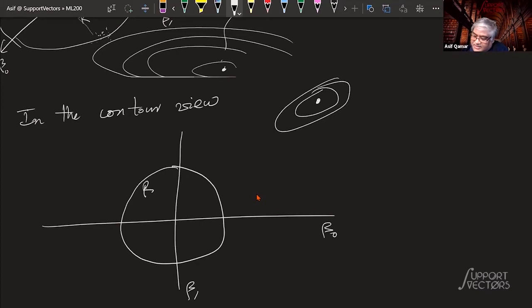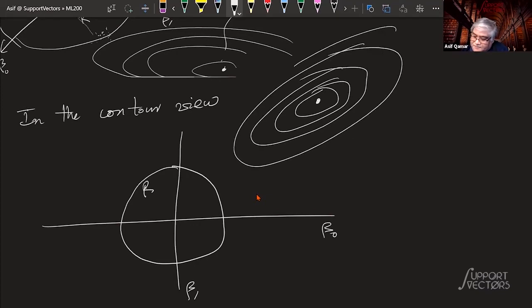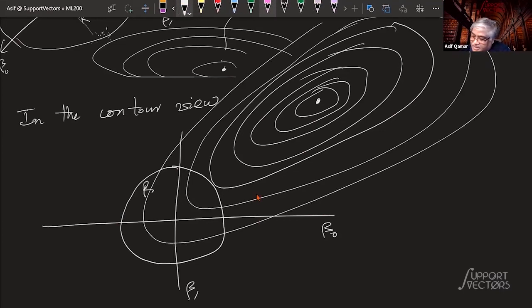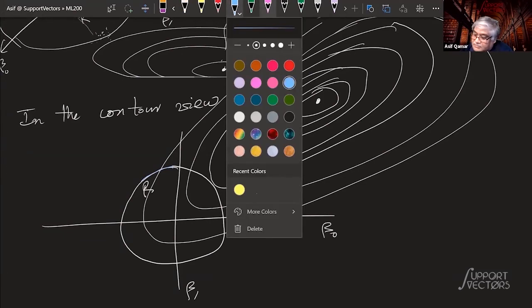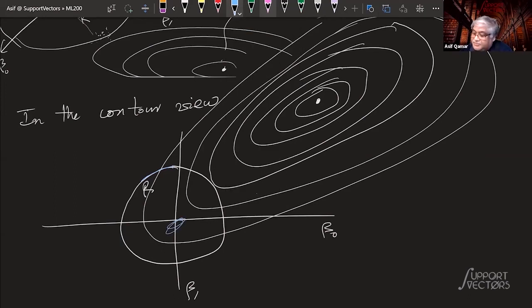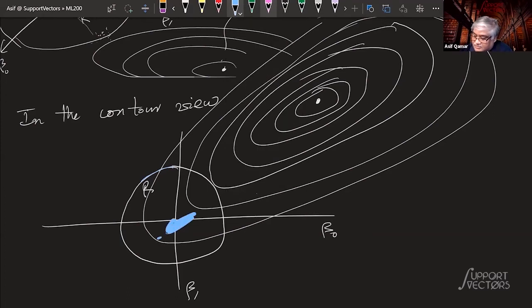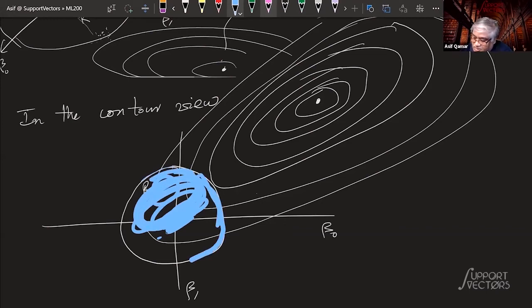And it has its contour lines like this. And then more contour lines go here. More contour lines go here. So you notice that inside the disk, let me mark the disk as this. Let me mark it with big fat strokes. This is where you want to be, right?